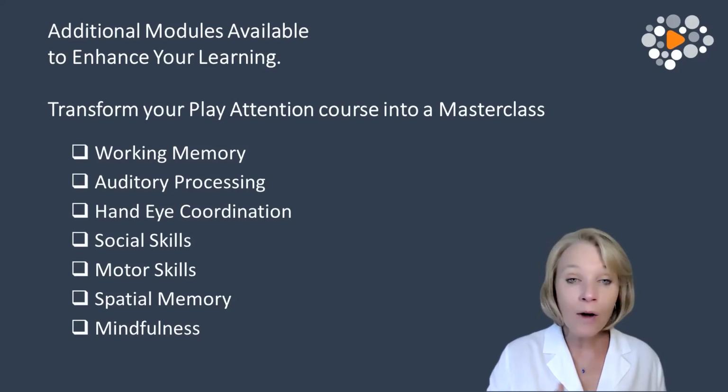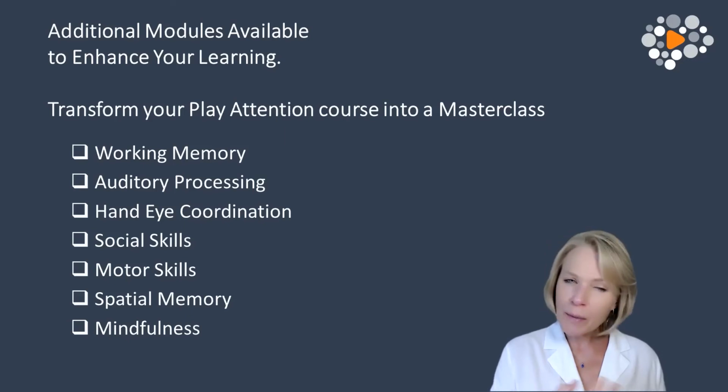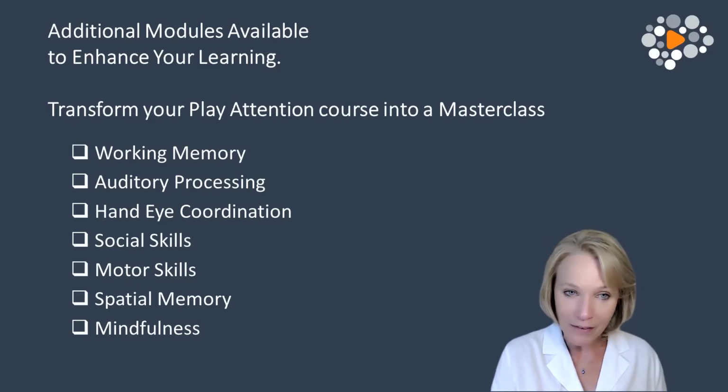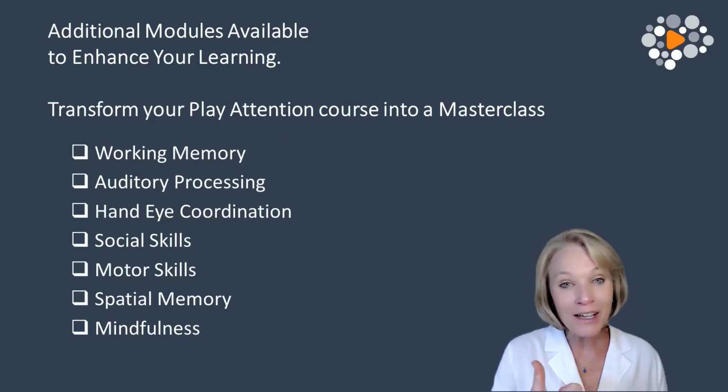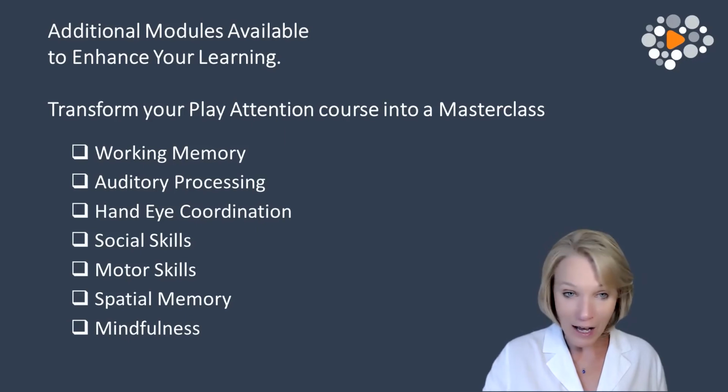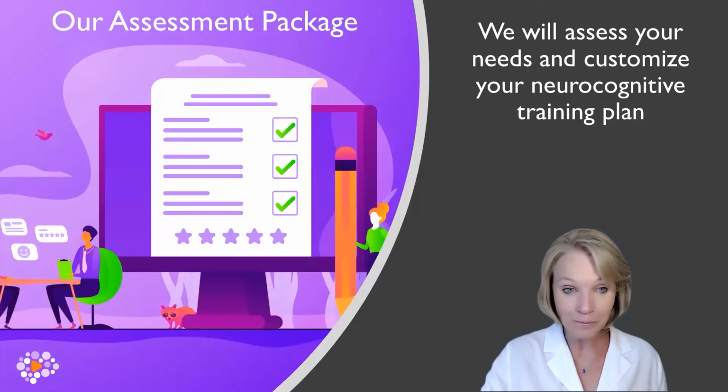You have to be able to process that information, remember the information, assimilate it with prior knowledge, and control your impulsive response. And all of those skills are what you're working on in every single Play Attention session. So every time you do a Play Attention session, you're strengthening your organization, your emotion regulation, your mental flexibility. You're strengthening executive function every time you do a Play Attention session.